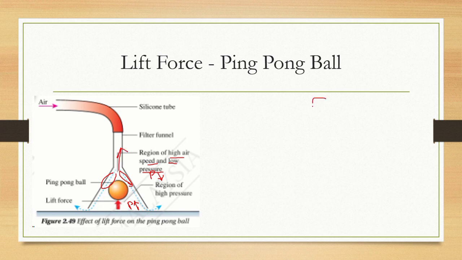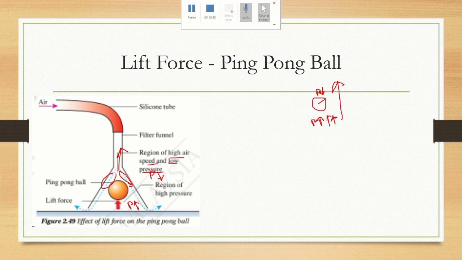Because like a ball, this is the ping pong ball, and the lower one has high pressure and the upper one has low pressure. This is high pressure. So the resultant force will become upward. Therefore, we call this resultant force as lift force. Okay, lift force.